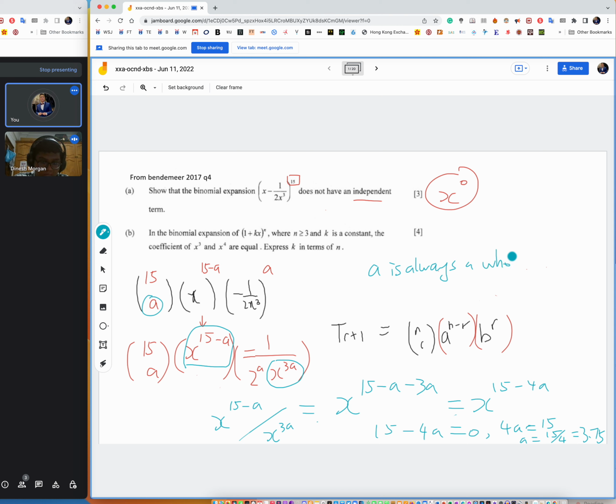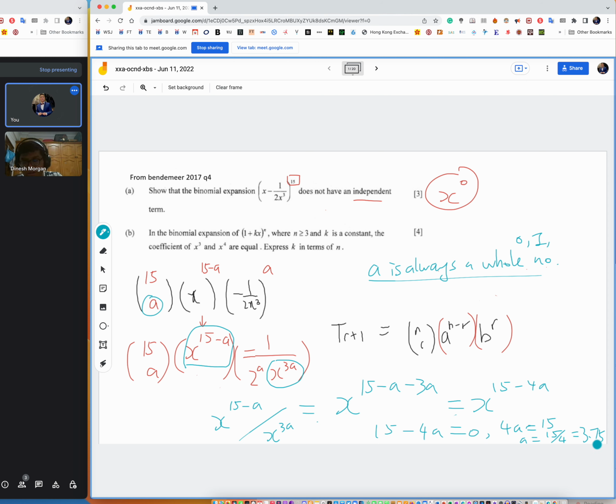And I hope you know that a here is always a whole number, 0, 1 onwards. And in order to get x to the power of 0, your a has to be 3.75. So it does not make sense.